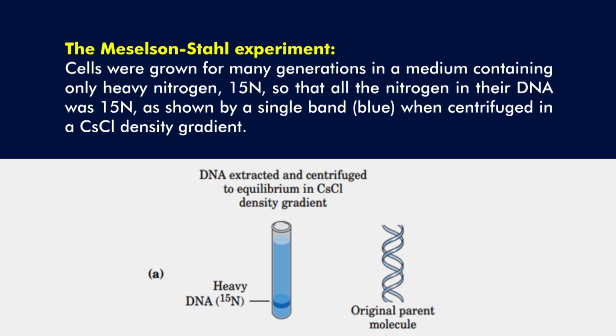Cells were grown for many generations in a medium containing only heavy nitrogen, that is N15, so that all the nitrogen in their DNA was the heavy isotope, as shown by the single band, blue in color, when centrifuged in the cesium chloride density gradient.